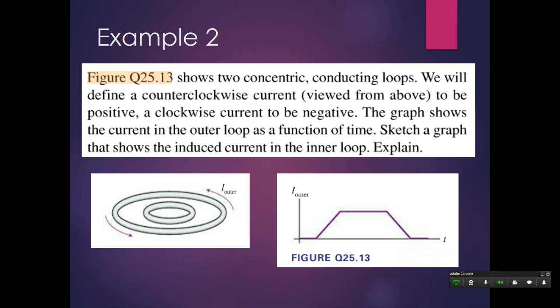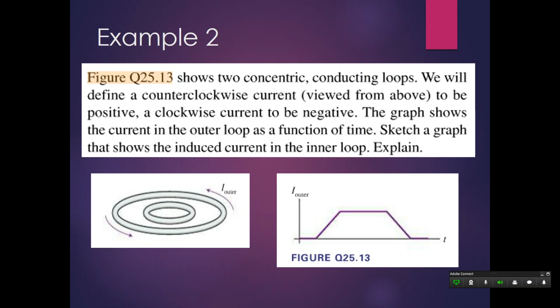So if it's going to induce a current in the downwards direction, it's going to go in the clockwise direction. And the question says clockwise is counted as negative. So it's going to have nothing in the beginning, because here the current's not changing. There is no current, right? And then it's going to decrease the current because it's going in the counterclockwise direction.